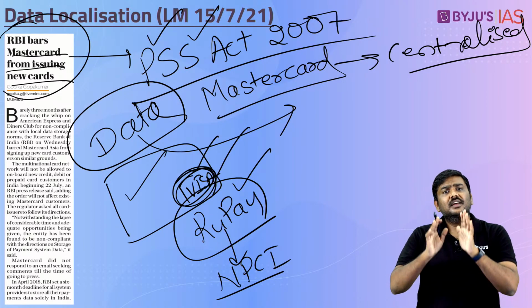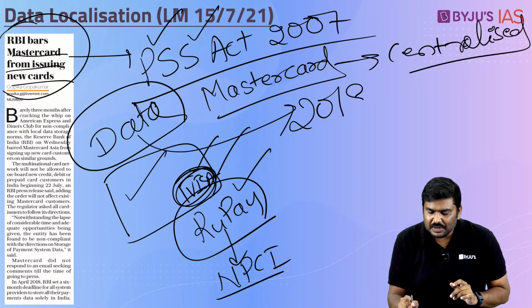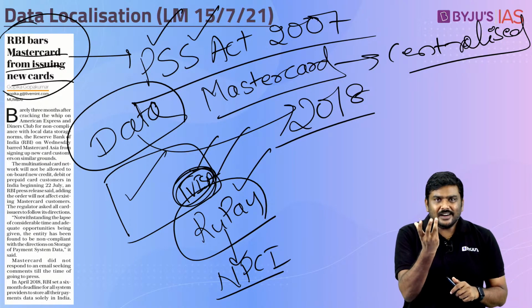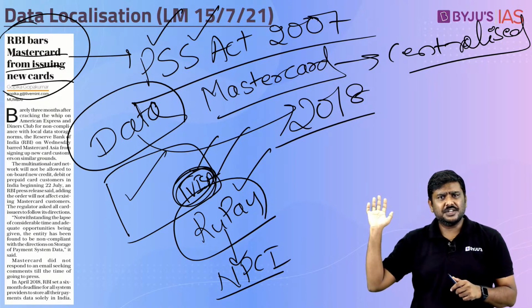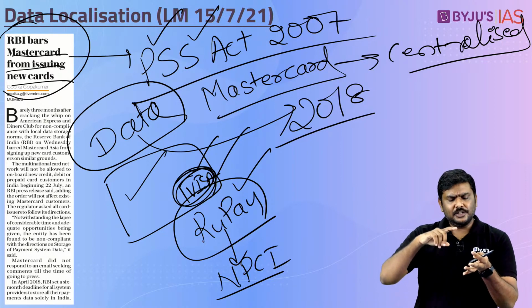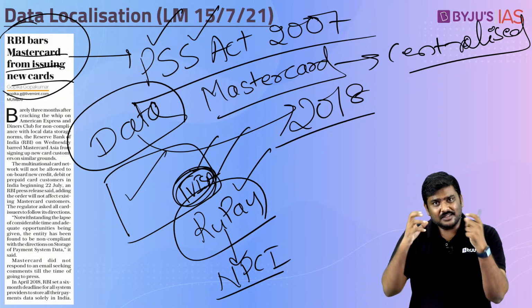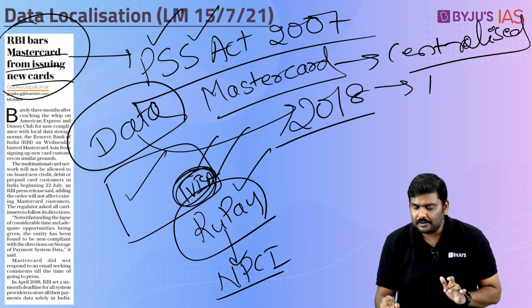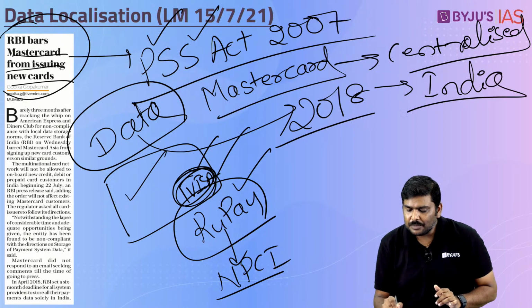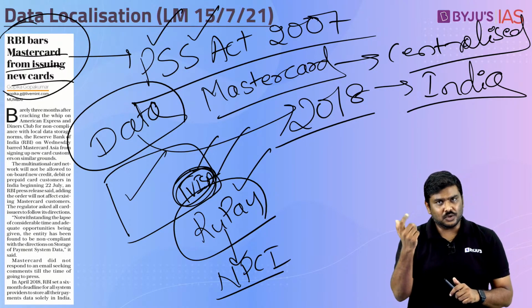And very recently, that is in the year 2018, RBI stated that the data related to any kind of transaction related to PPI, debit card or credit card has to be stored within India, or in simple terms, RBI came out with the data localization rules.